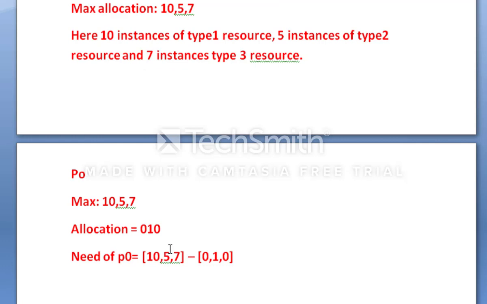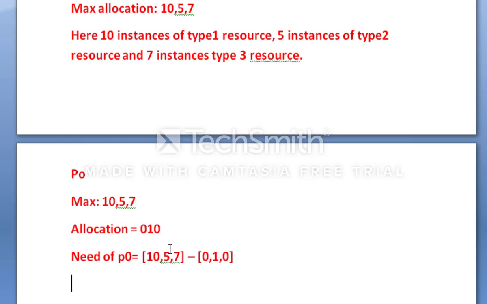Maybe resources were previously allocated to process P0, but it has not completed its execution, it still requires some resources, right? That is the basic concept of need of resources.